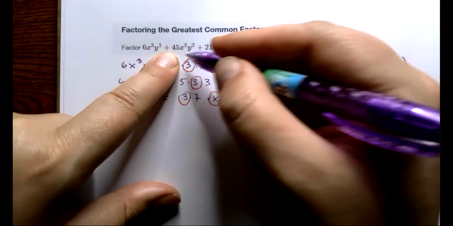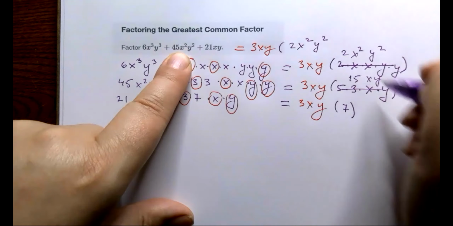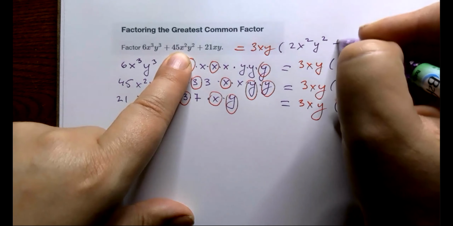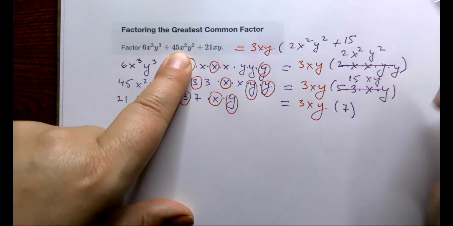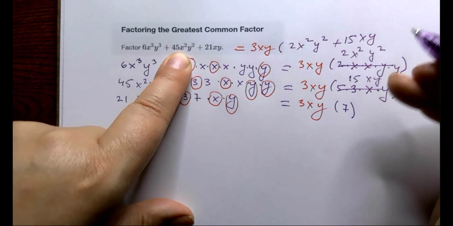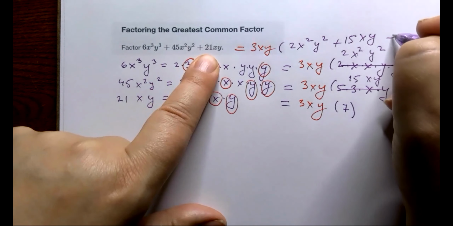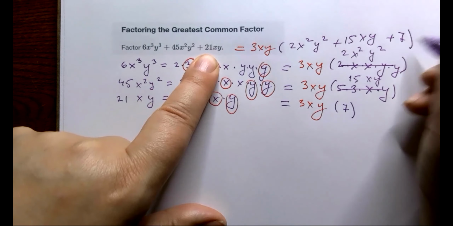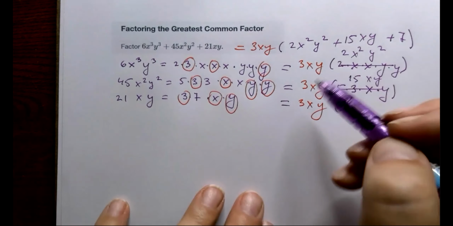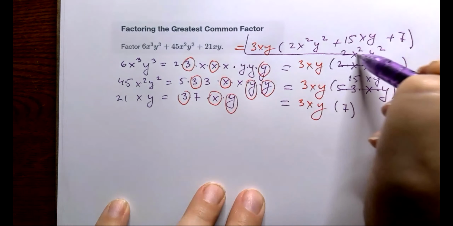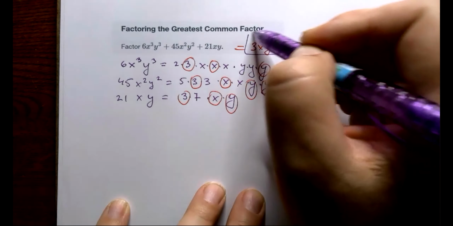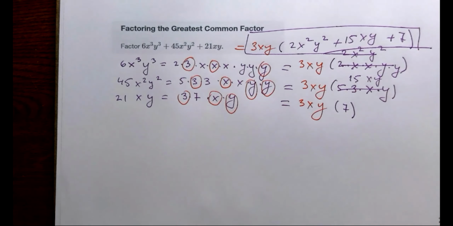And from 45x squared y squared, we have 15xy. And from 21xy, we have only 7 left. And that will be your final answer. All right. So that's your final answer.